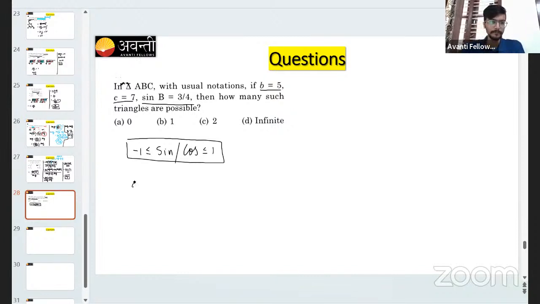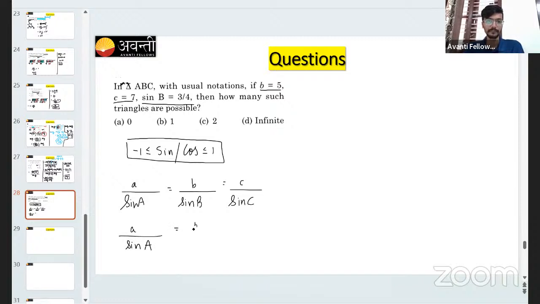Sin rule is: a upon sin A is equal to b upon sin B is equal to c upon sin C. Now whichever values we know, we put them in. The value of a is not known, so a upon sin A stays as it is. The value of b is known, yes it is 5, sin B is 3/4. The value of c is 7 upon sin C. So from here I'll get sin C.